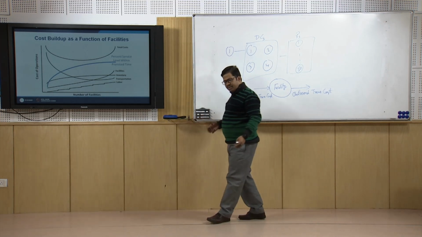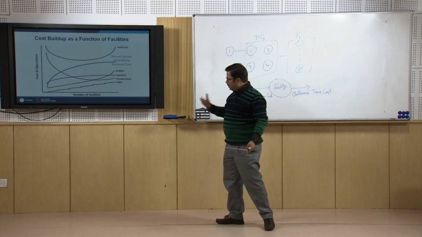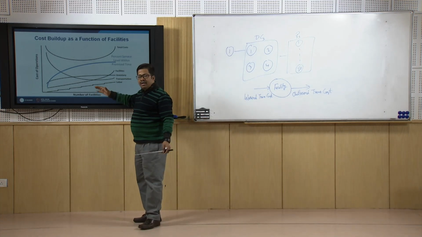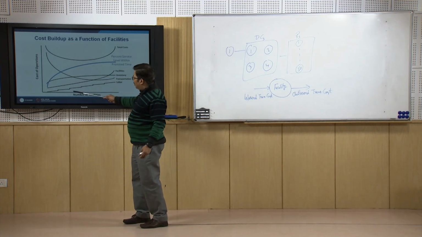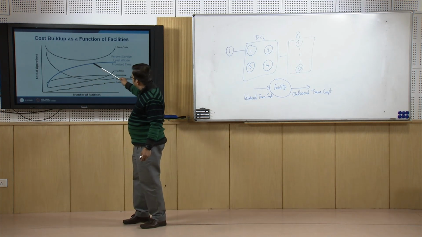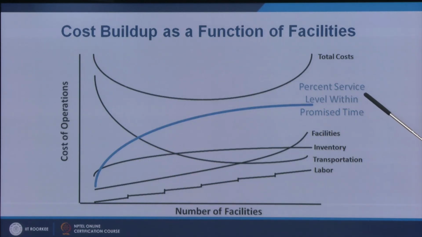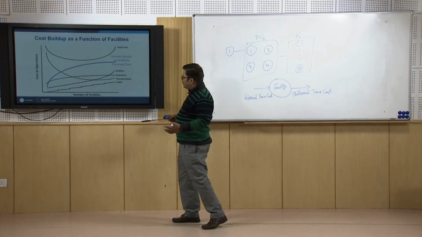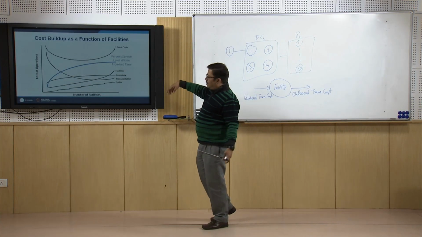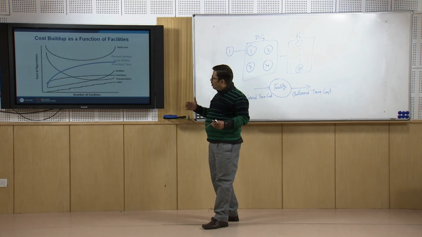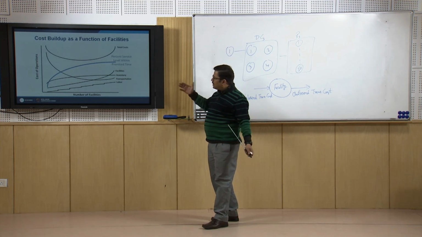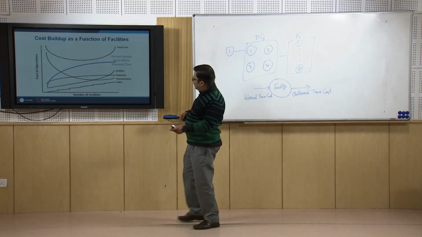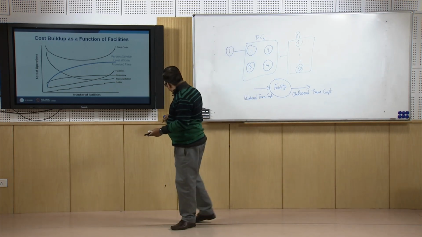More number of facilities, going closer to the customer, and going closer to the customer will bring better service level. So, as you are seeing with this curve, your service level is increasing with number of facilities. So, this is a combined discussion of variety of costs and the service level which you get with the increased number of facilities.